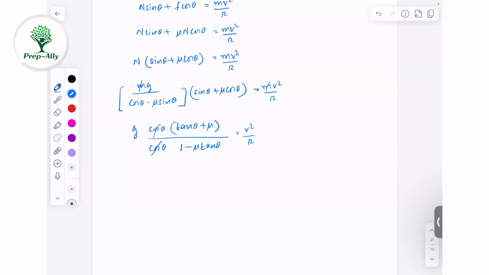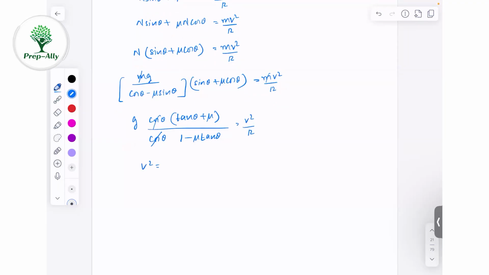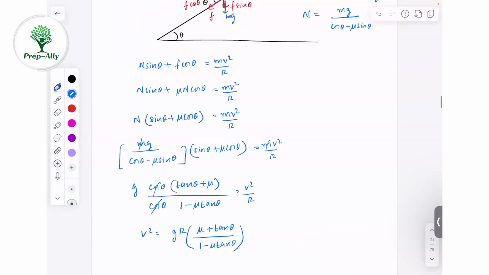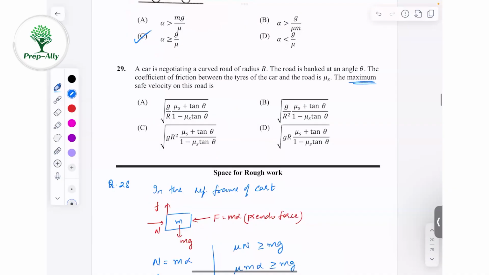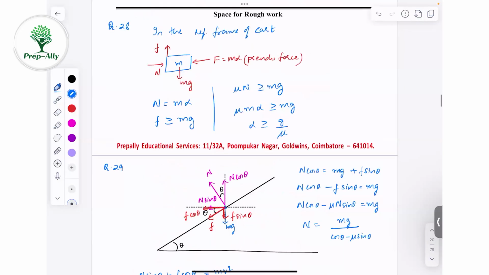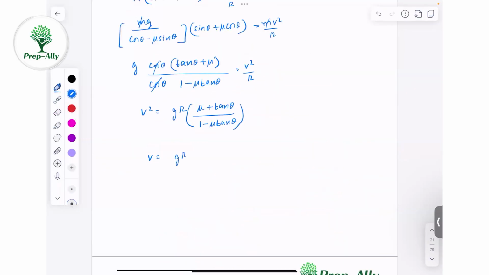So we are left with v square is equal to g into r times mu plus tan theta by 1 minus mu tan theta. So v is the square root of gr times mu plus tan theta by 1 minus mu tan theta. That is the maximum safe speed.